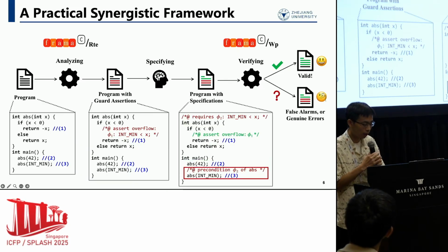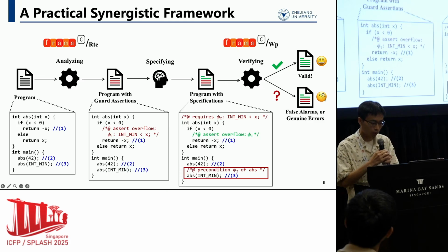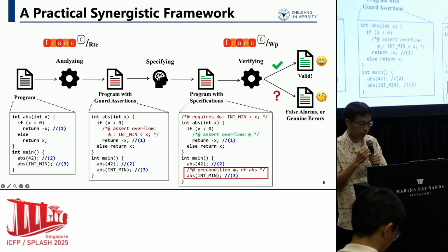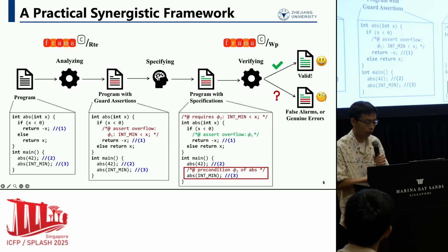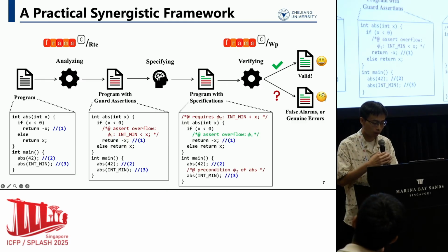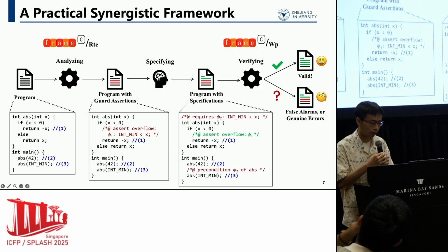But for the call site at line 3, the precondition phi2 is violated since the input equals int min. So an alarm is reported here, and a verification expert has to identify whether it is a false alarm or a real error.